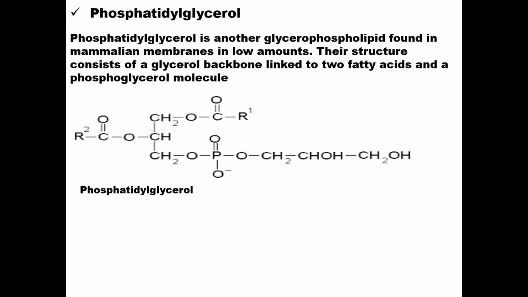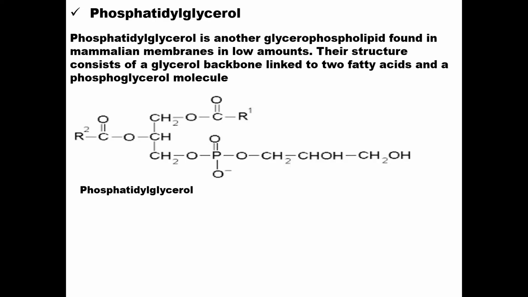So you have ester linkage at carbon 1 and carbon 2 of the glycerol, while at carbon 3, you have a phosphoric acid residue attached to it, and you have your substituent group depending on the type of glycerophospholipid you are talking about. If it is ethanolamine that is attached to the phosphoric acid, you have phosphatidylethanolamine, and so on and so forth.